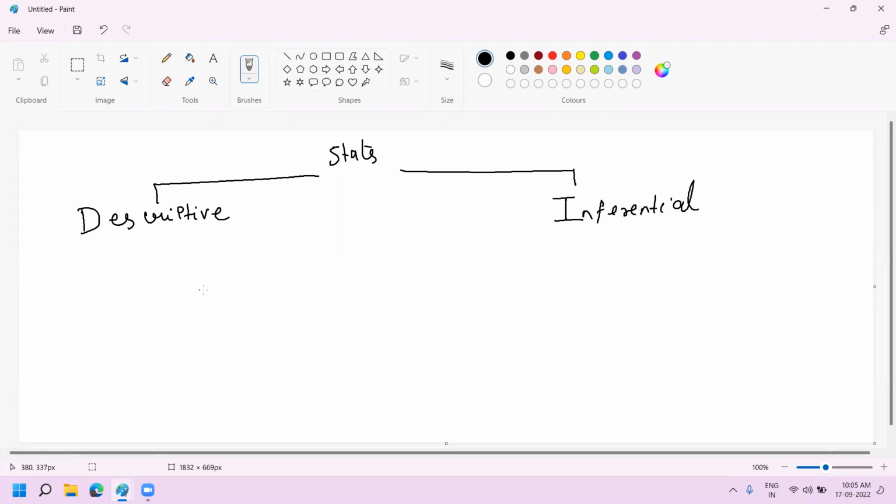What is descriptive statistics? It describes the data. Simple. What is inferential statistics?